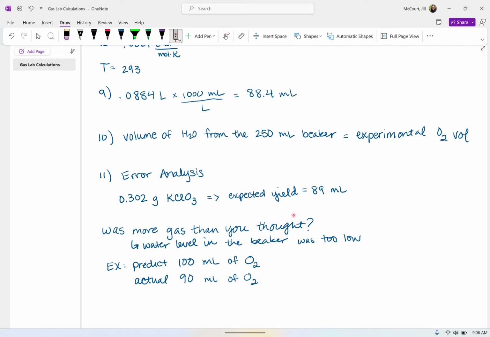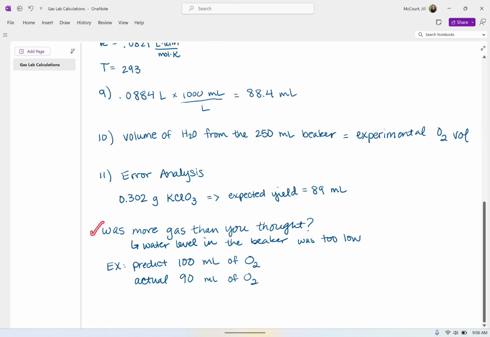This hypothesis would make sense because your water level was too low, which means that what you got in your experiment was lower than what you predicted. Maybe you actually did make enough gas, you just weren't able to measure it. That would make sense.